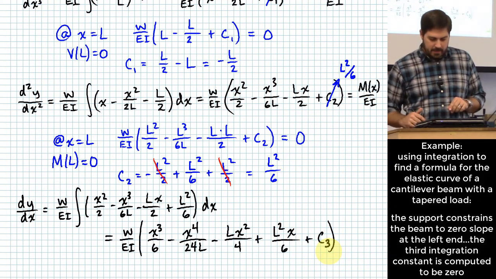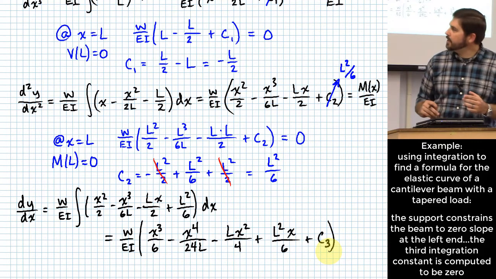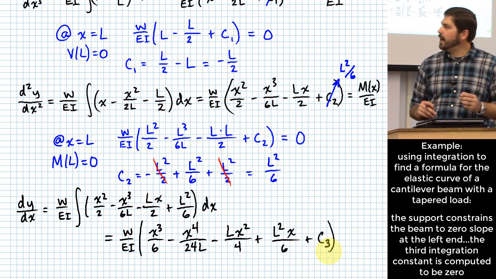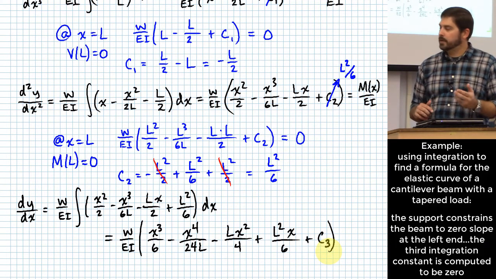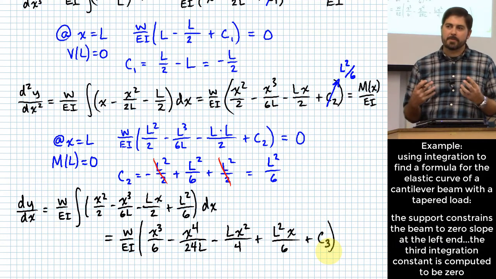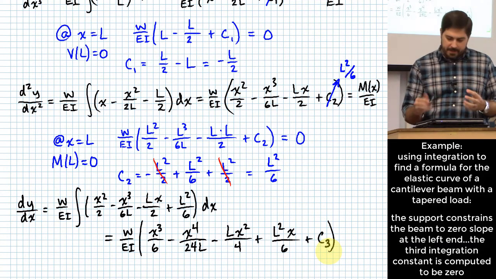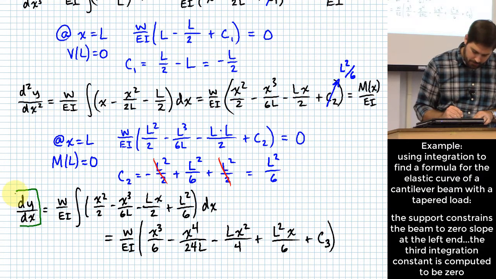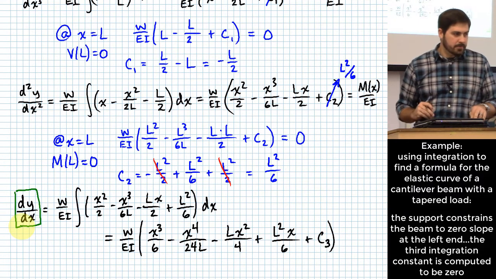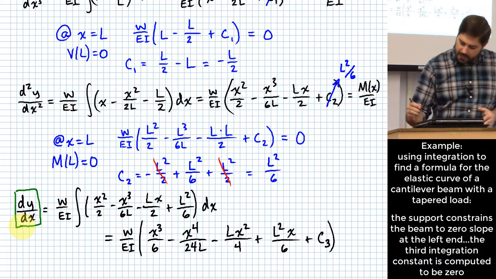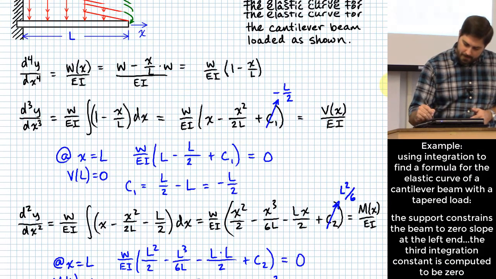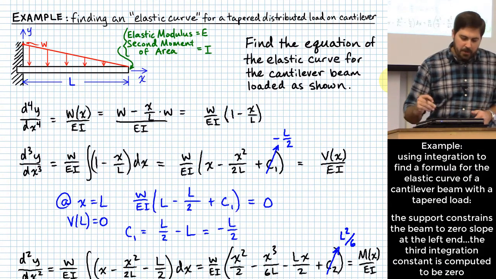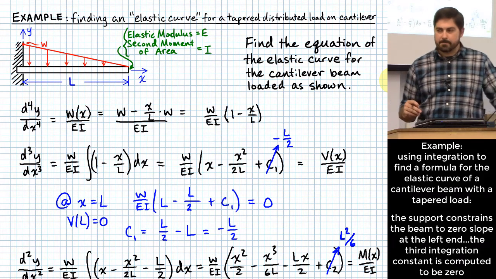Now for this one, I don't need to have any sort of an EI or anything like that. For this one, the parameter that I might be able to use in order to find this C3 is just the slope. So my question is, if we go back up to the original problem, is there anywhere where I know the slope of this beam?